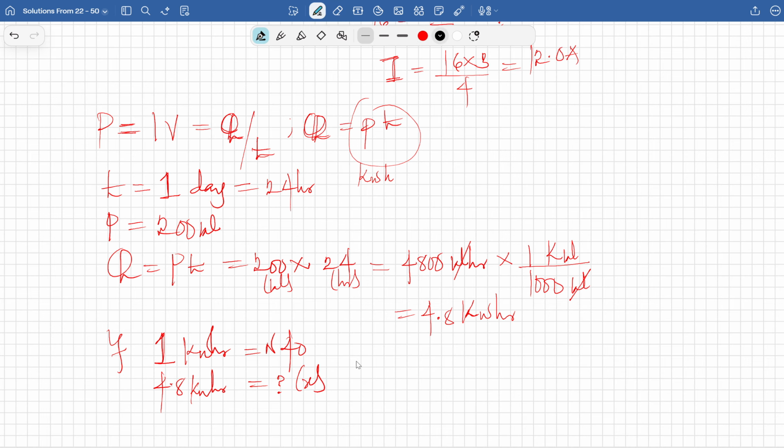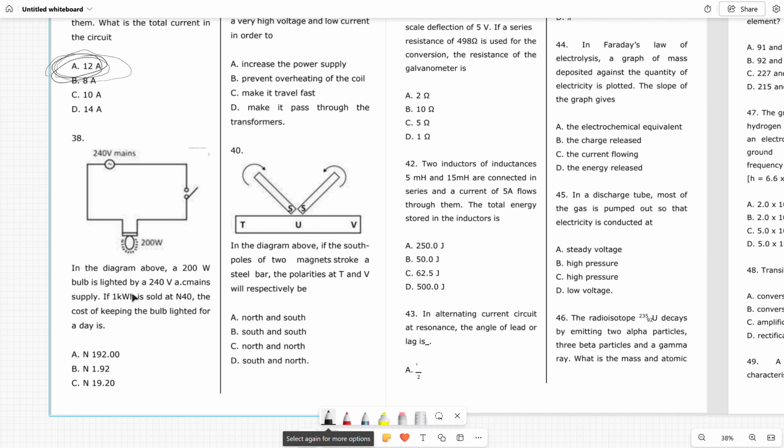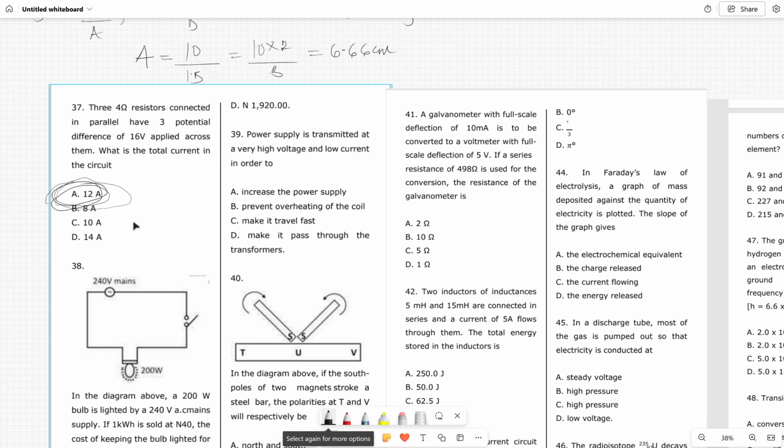Multiply: x multiplied by 1 is equal to 40 multiplied by 4.8. So eventually our x, the unit must be in naira. When you multiply 40 with 4.8, you have 192 naira 0 kobo. You have option A as the best answer there.